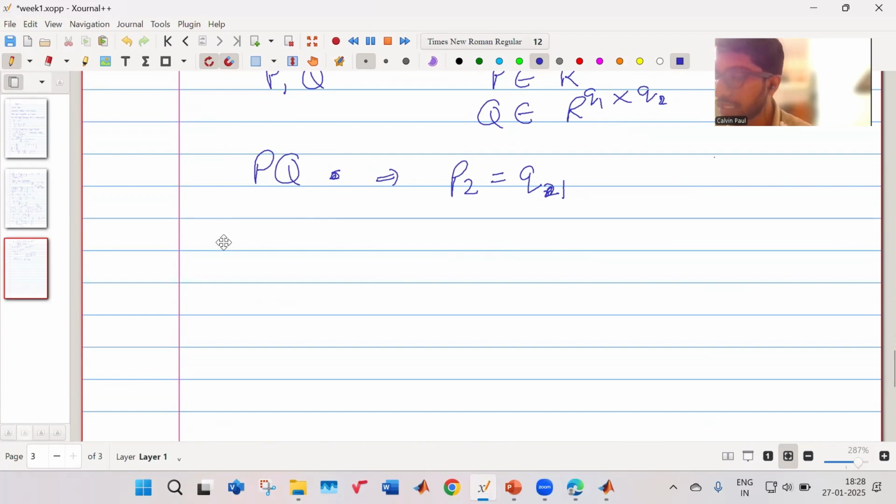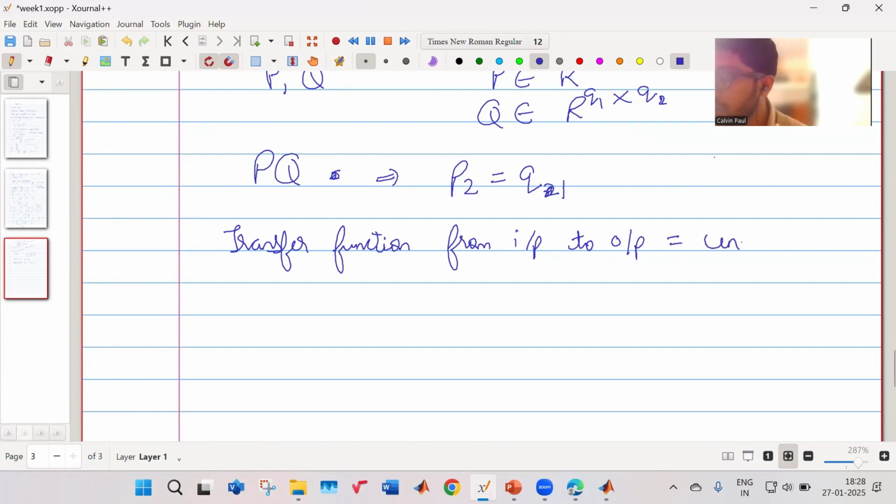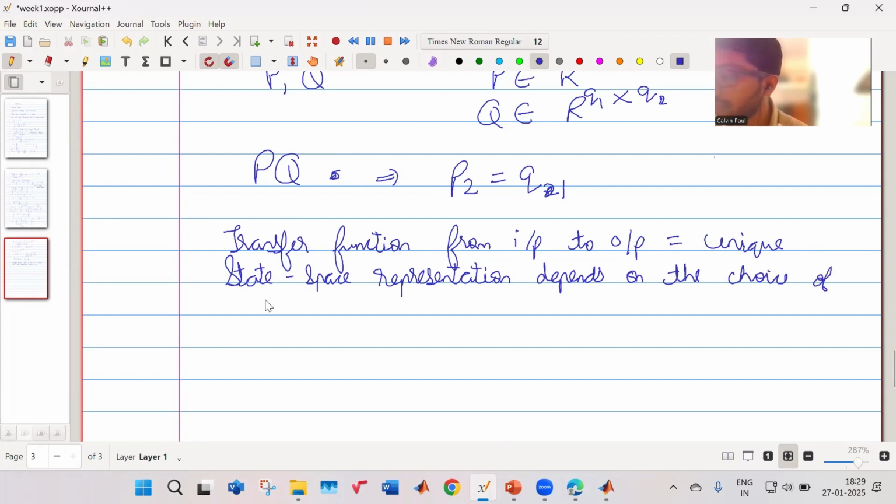So what I want to say is that the transfer function from input to output is unique, but the state space representation depends on the choice of states. It depends on which state I choose.